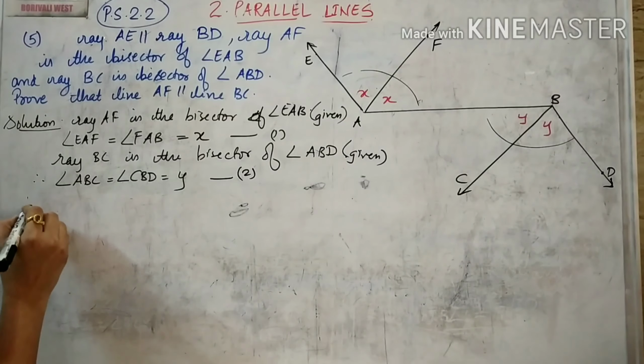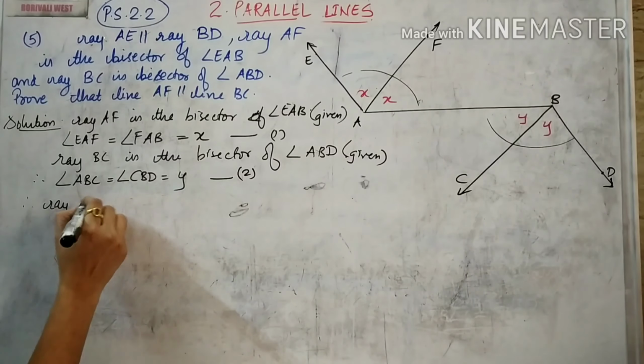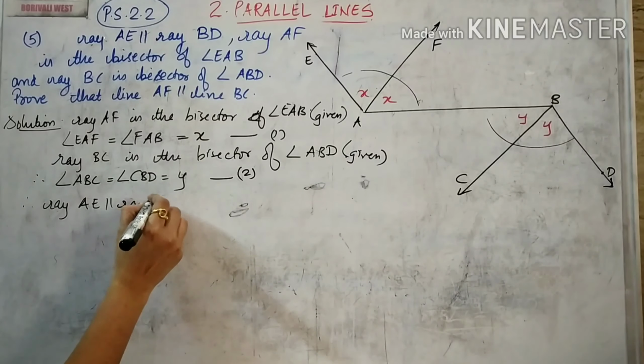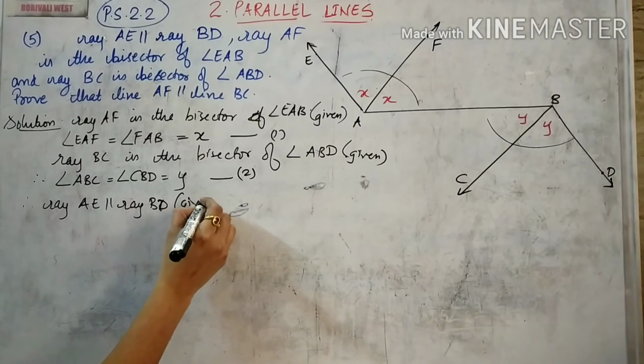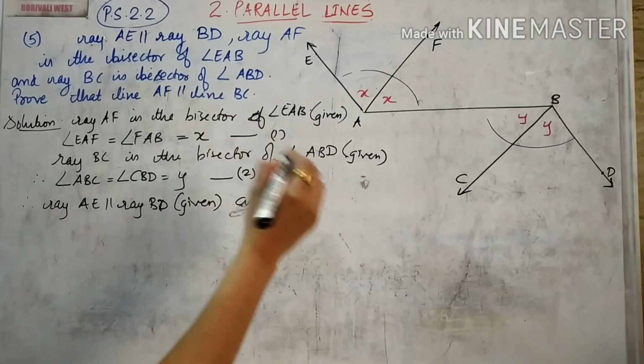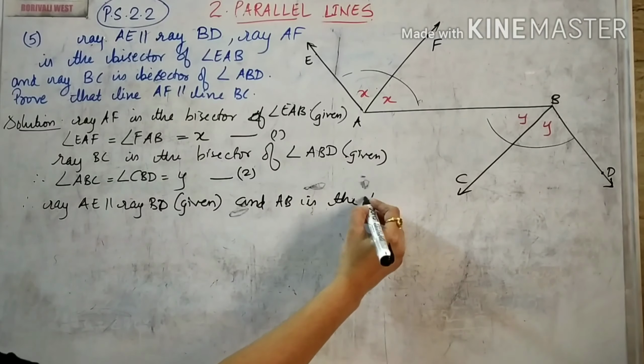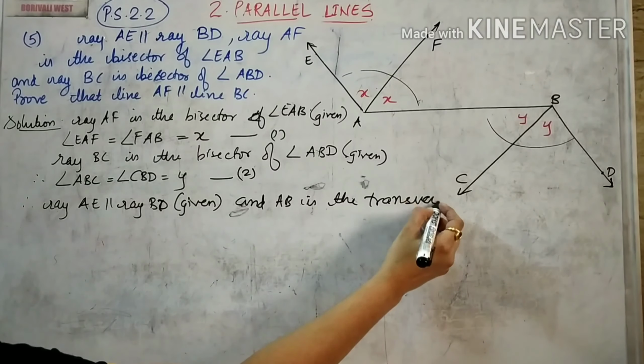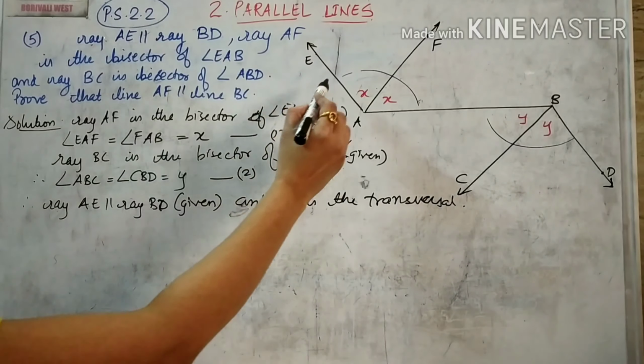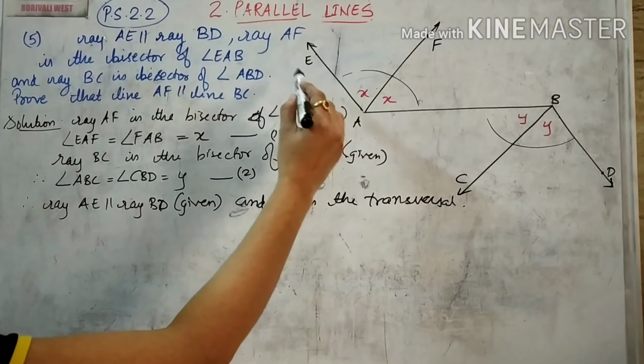So, since ray AE is parallel to ray BD, which is given, and AB is a transversal, therefore this entire angle EAB is equal to, or congruent to, angle ABD. That will be the alternate angles.